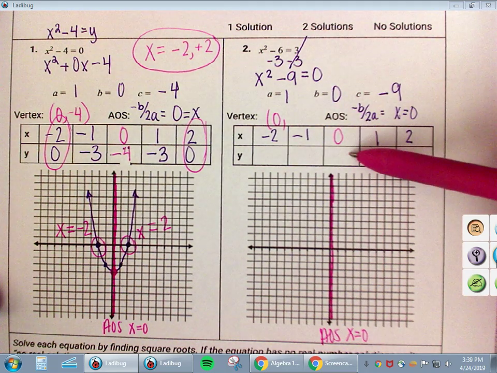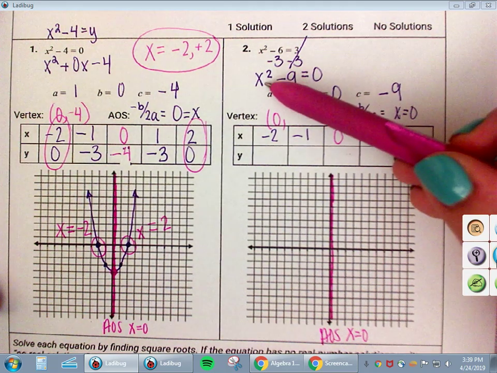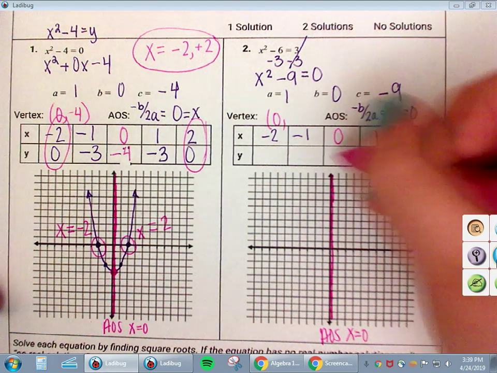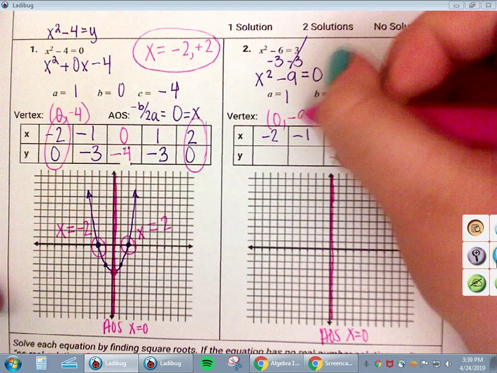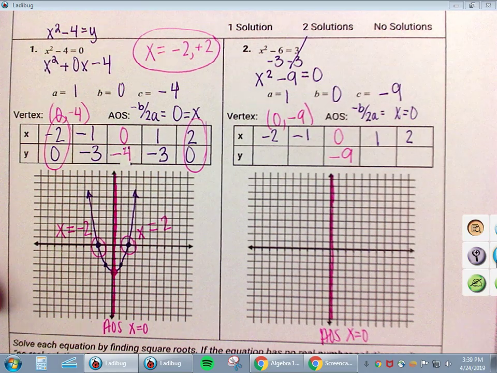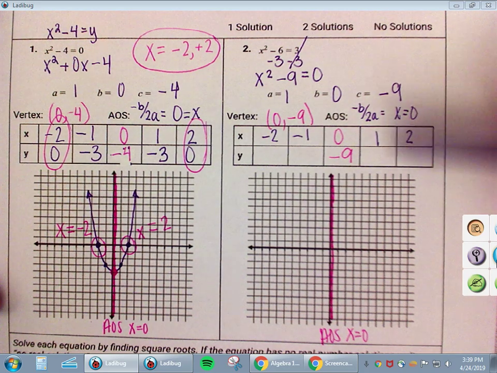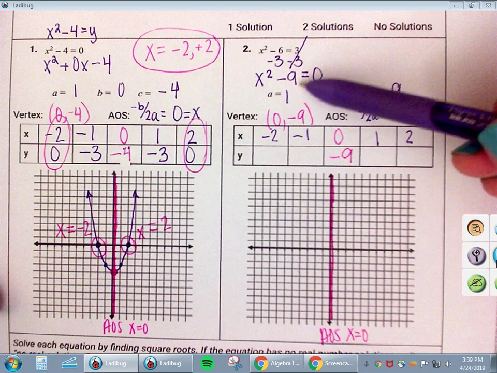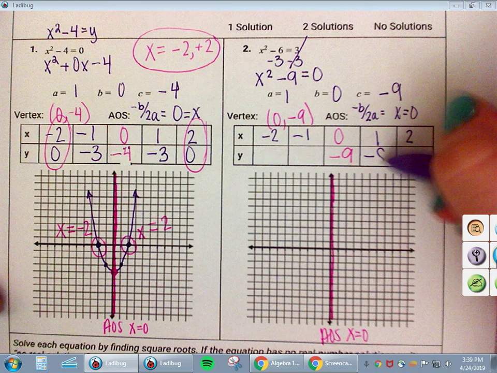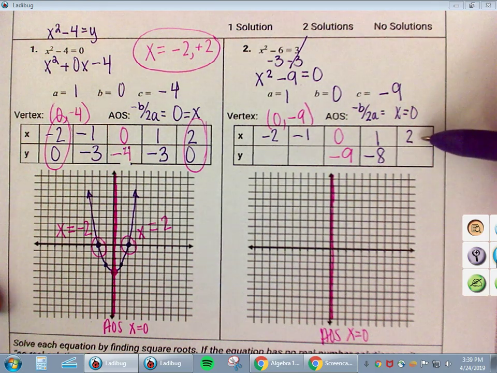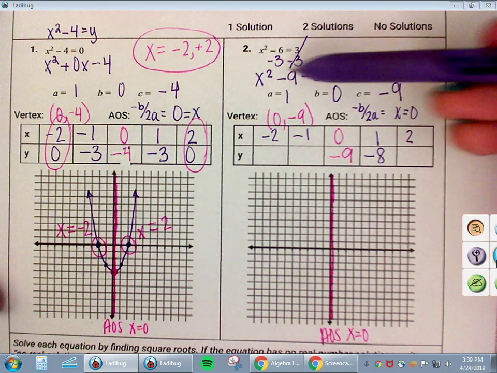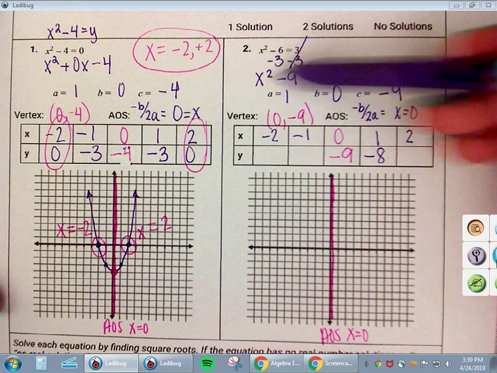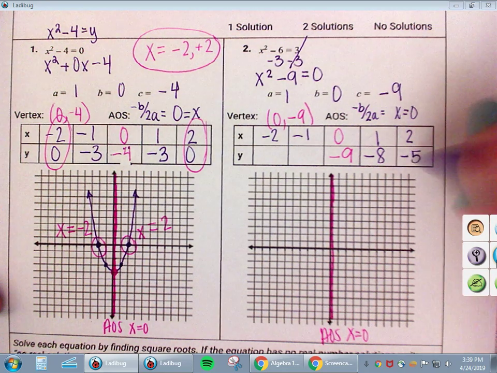So if I plug in a 0 to this equation, I've got 0 squared minus 9 is just -9. If I plug in a 1, I've got 1 squared minus 9, that's 1 minus 9, that's -8. If I plug in a 2, I've got 2 squared minus 9, that's 4 minus 9 is -5.